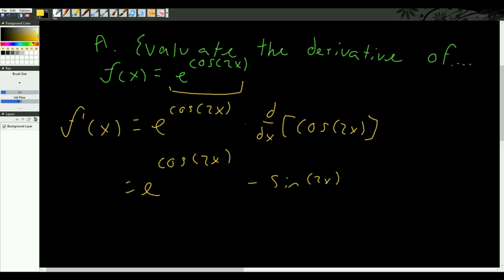And we just did that by taking the derivative of cosine, which becomes negative sine, and the 2x just stays right there. We don't do anything to that section, because we don't need to, that's not what the rule calls for.